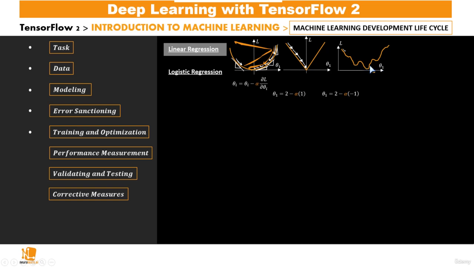Now note that there are local minima and there is a global minimum. So we could see this point right here and this other point as local minima, simply because around them there happen to be the smallest or minimum points as compared to the other points surrounding them.